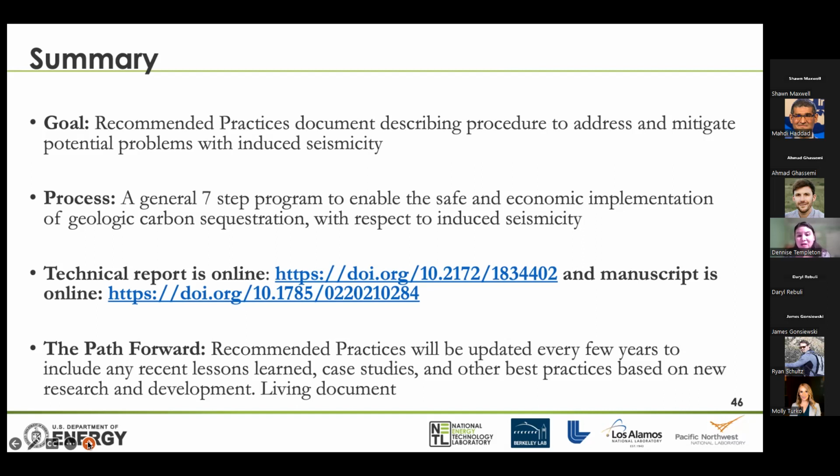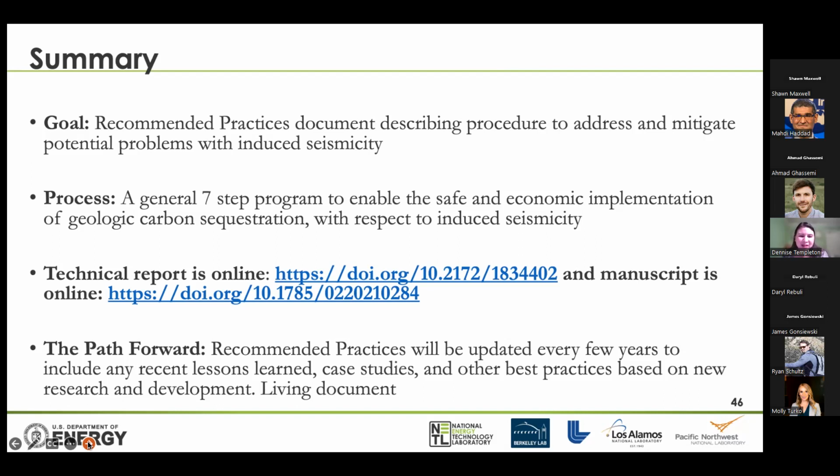The technical report is online, as is the manuscript. Both were peer-reviewed outside of the NRAP group by people in academia and in industry. So we wanted to make sure that we got as broad a view as possible of the current state of the art as of a year ago, essentially now.